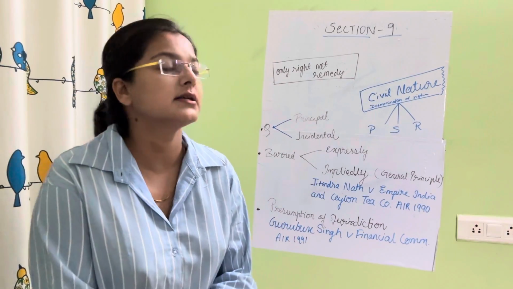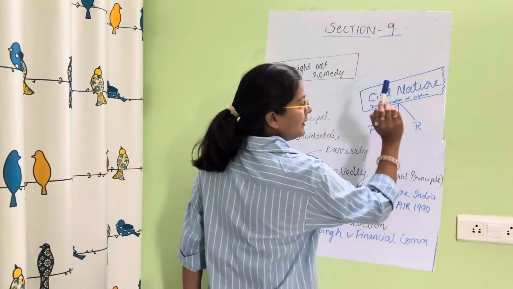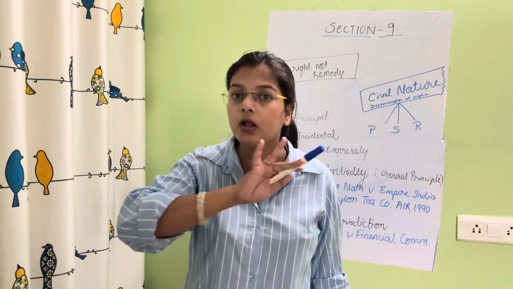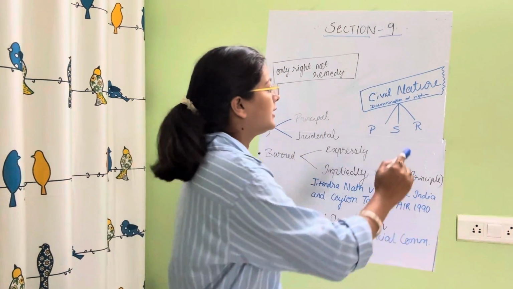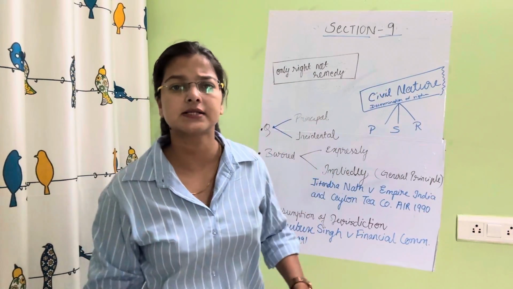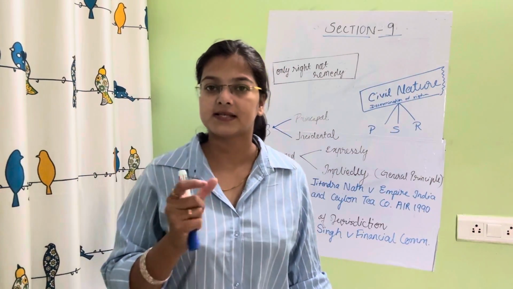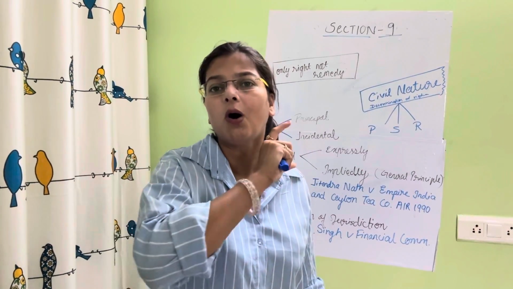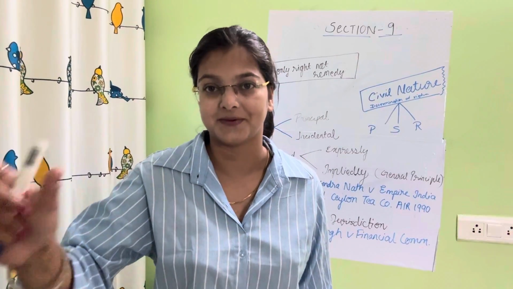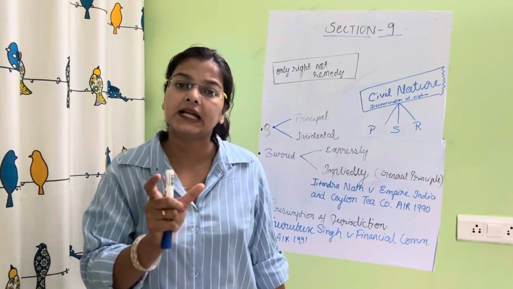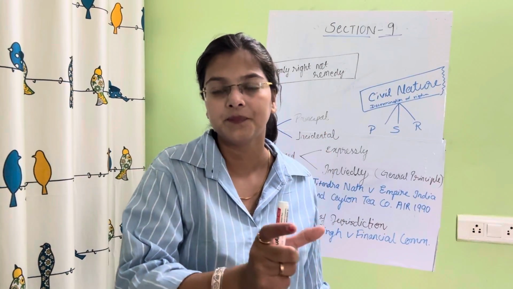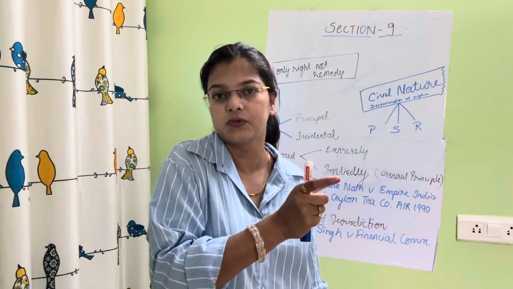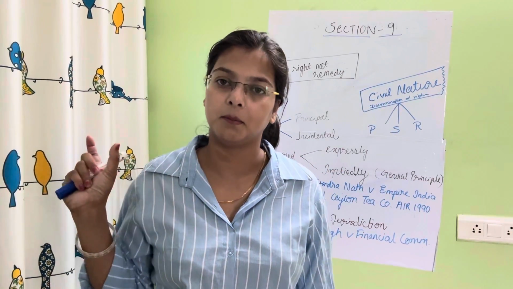Then what is this suit of civil nature? Because section 9 is saying the court shall have jurisdiction to try all suits of civil nature. Now what is this civil nature? Firstly, if as a parent I say to my child that you can eat all the food of vegetarian nature, except those foods which are explicitly or impliedly barred.